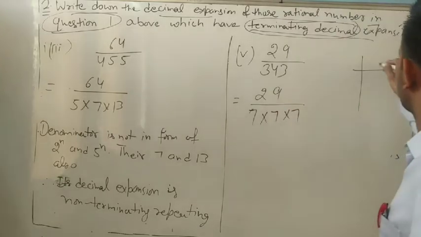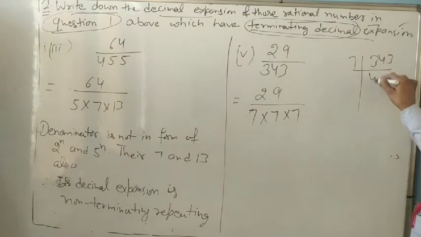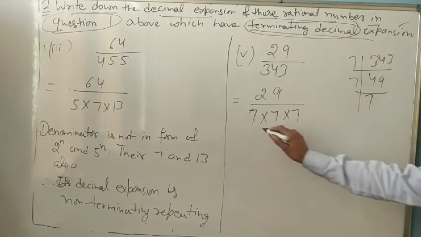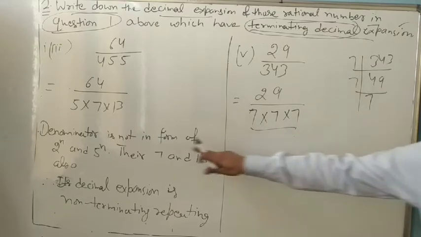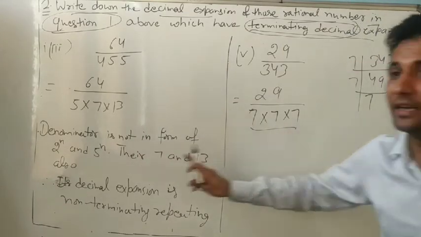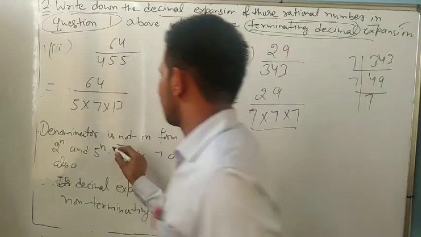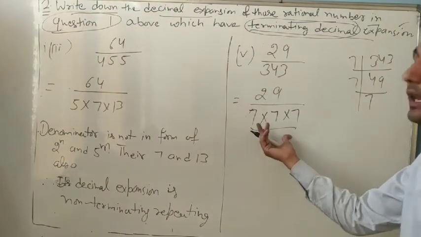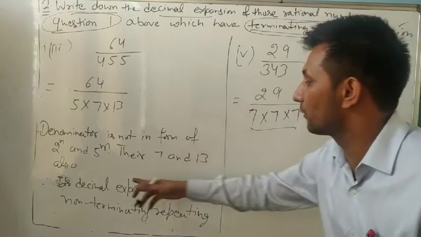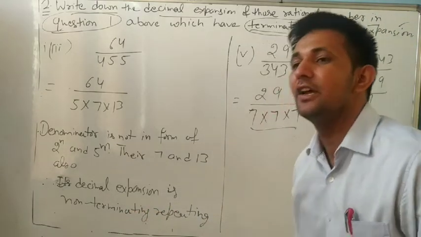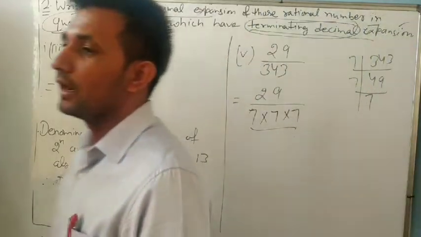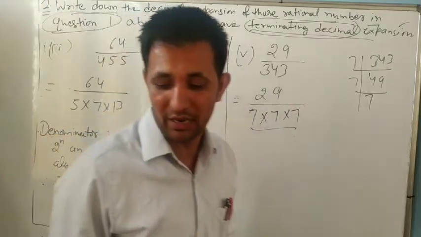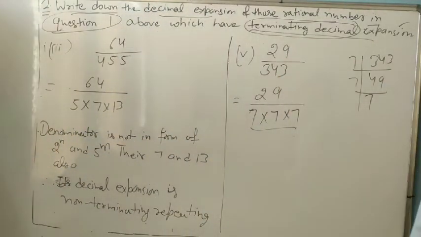Write its prime factors. 343, 49 and 7. Now again we will observe that the denominator is not in the form of 2 to the power n and 5 to the power m, because in the denominator only what? Only 7. Therefore its decimal expansion is non-terminating repeating. Do the fifth part yourself. Understand it?